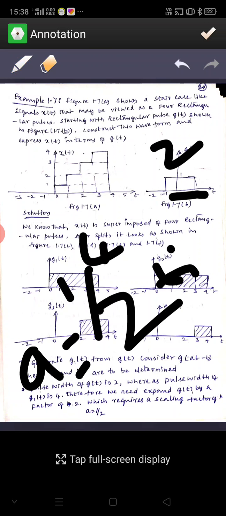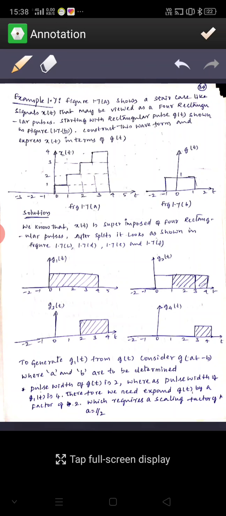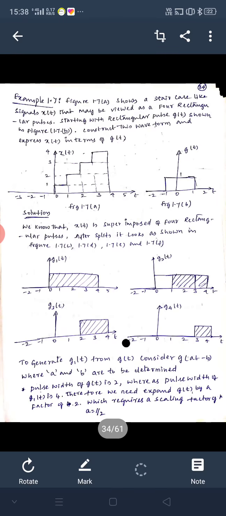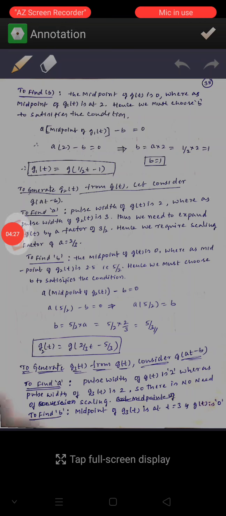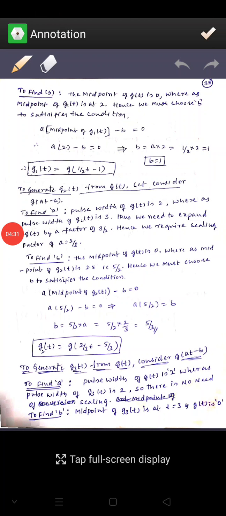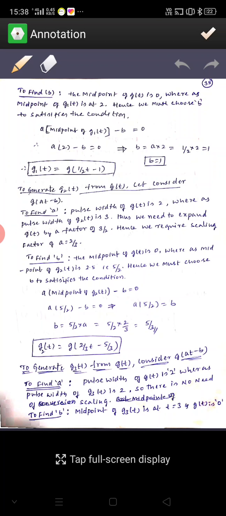Next, we have to find the value of b. To find b, we see the midpoint of g of t from the previous problem's diagram.